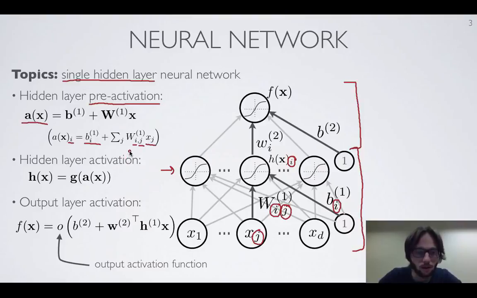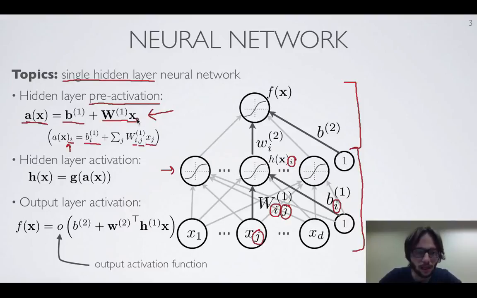plus the weighted combination of all inputs xj, where xj will be multiplied by its connection with the ith neuron. And if we want to perform this computation for each hidden unit, we can write it in matrix form to obtain directly the pre-activation vector. This would essentially correspond to taking the vector x, multiplying it by our matrix W1, and then adding the whole vector of biases b1.